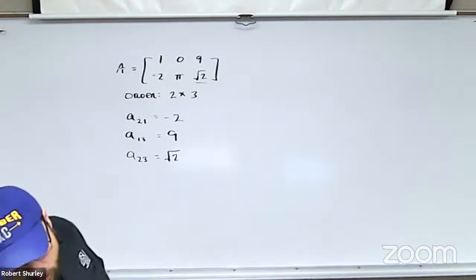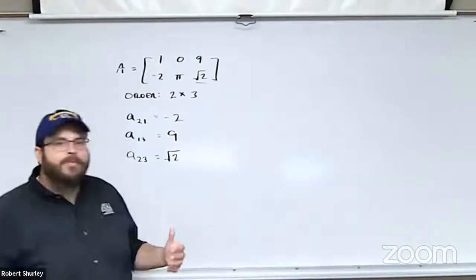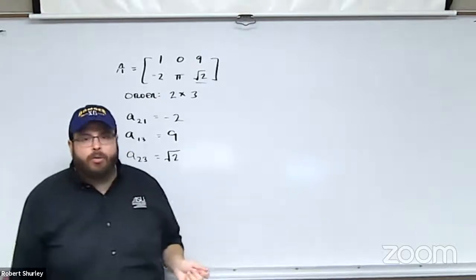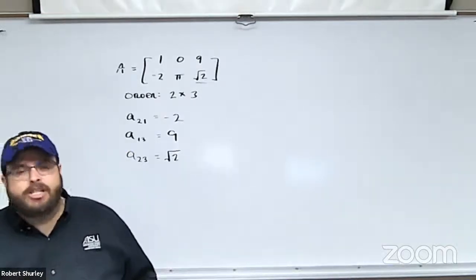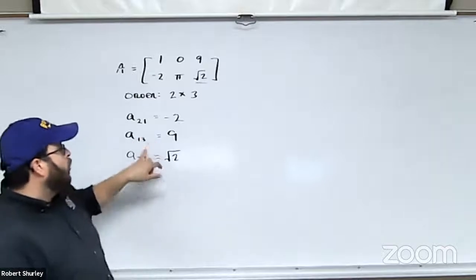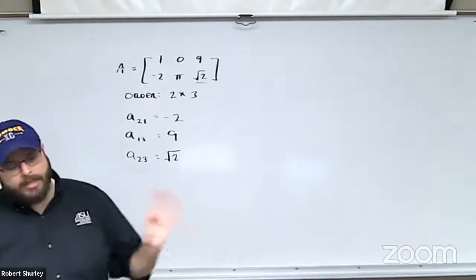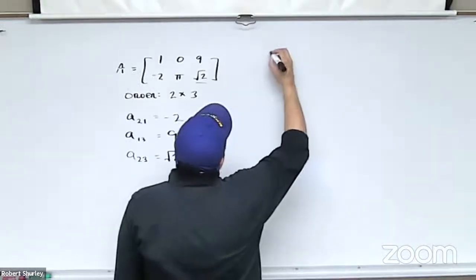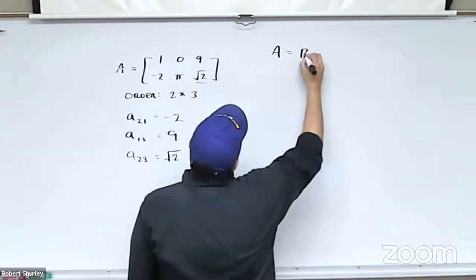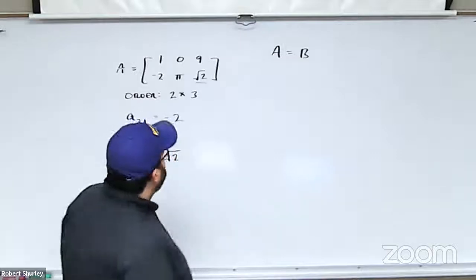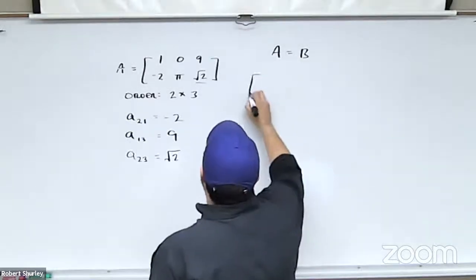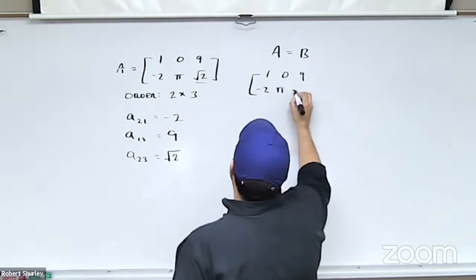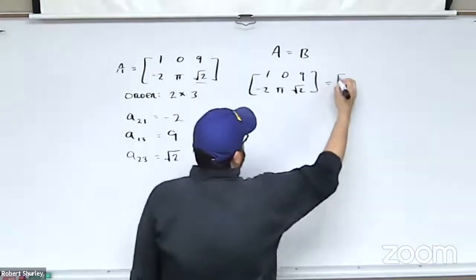Then your book goes into the equality of matrices. If 2 matrices are equal, all of their positions will be equal. The 2,1, the 1,3, the 2,3, they're all going to be equal on both sides. So let's say matrix A equals matrix B. Writing that out, 1, 0, 9, -2, pi, square root of 2.